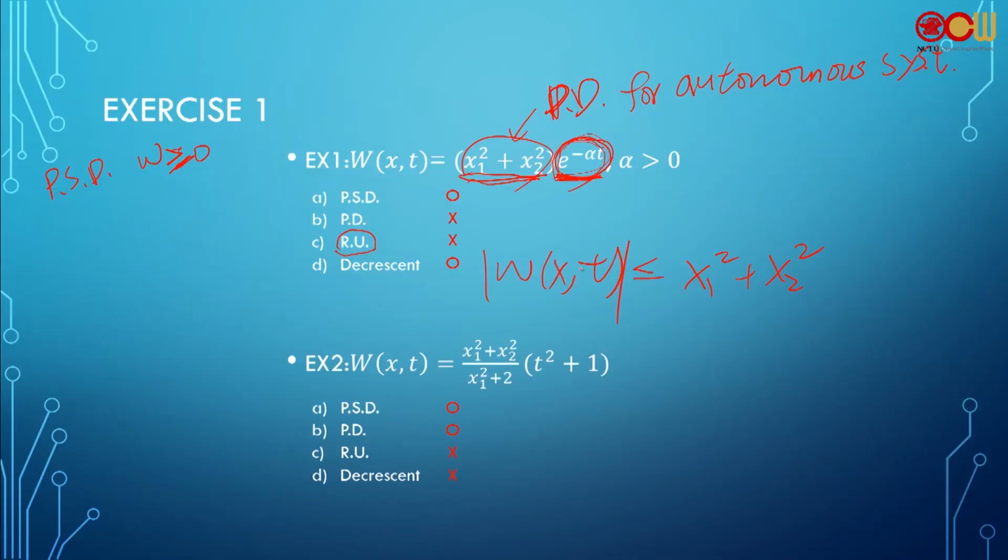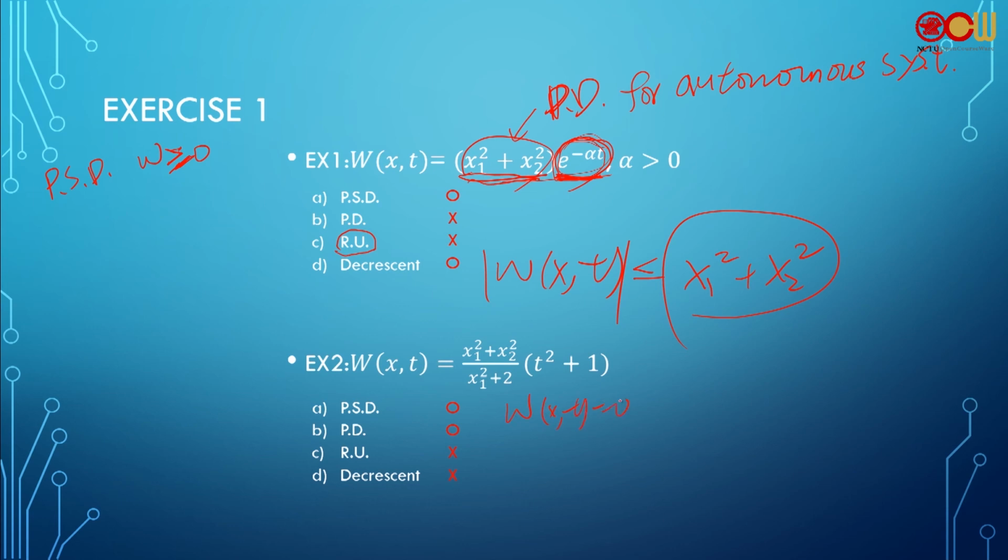And W is upper bounded by a PD function. W can be upper bounded by this PD function. This is PD, right? So next, is it PSD? It's 0 at 0. Usually it's PSD, but for PD you have to check 0 at 0. And for non-zero x, it could be 0.